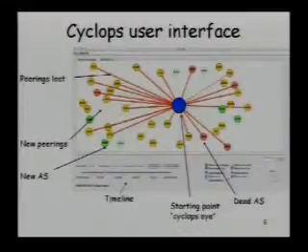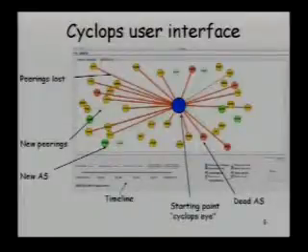Here we see a bunch of red links. These red links are the peerings. The red nodes are nodes that disappear from the topology. The green nodes are nodes that appear, so new nodes. And the thickness of each link, in this case, is proportional to the age of the link.